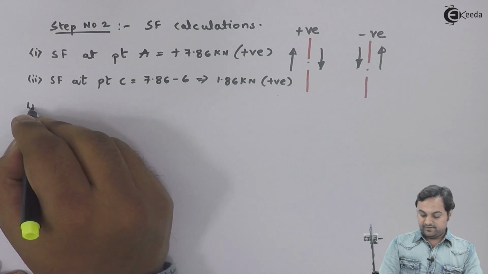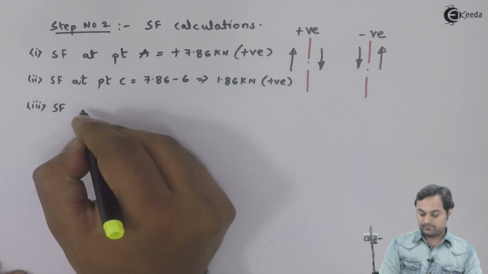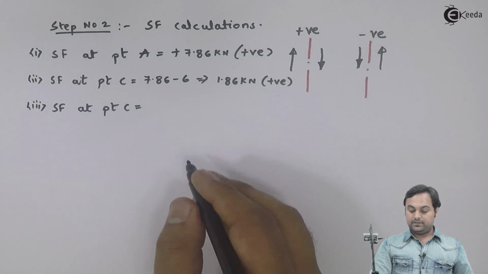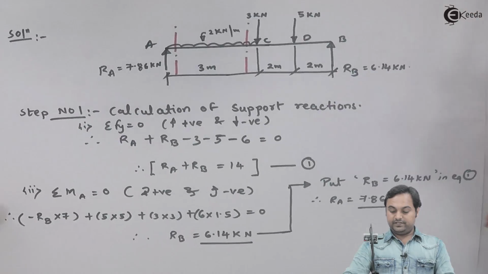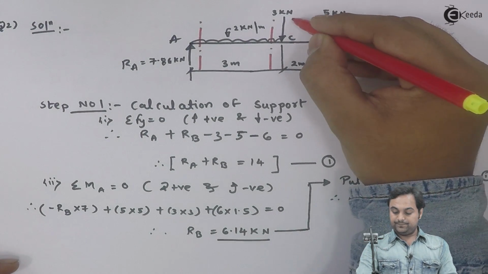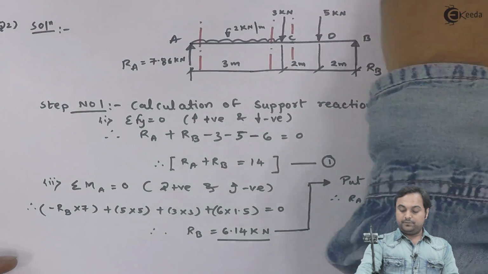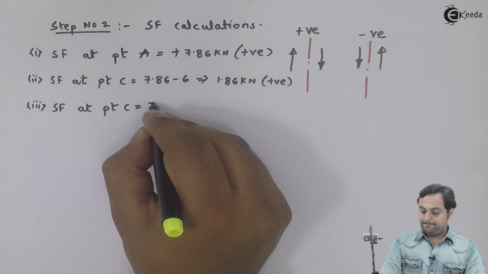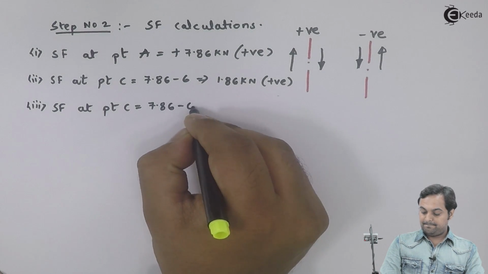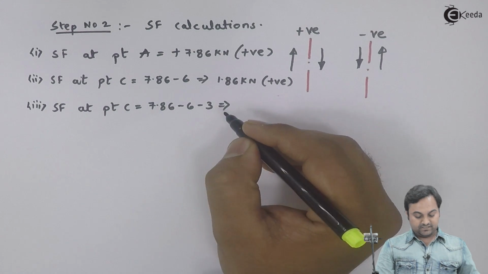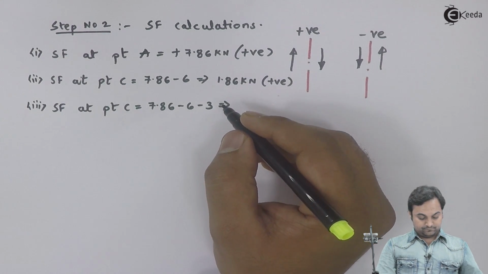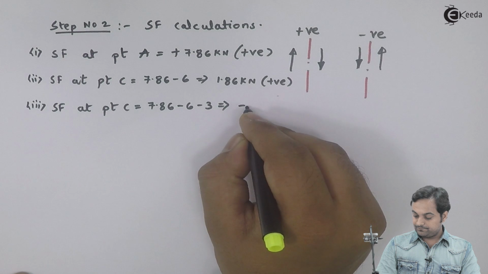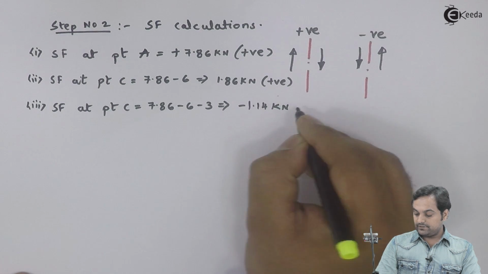Then again I will write down shear force at point C, for that I have to take the section just to the right of C, and that would be 7.86 minus 6 minus 3. That comes out to be minus 1.14 kilonewton, that's negative.